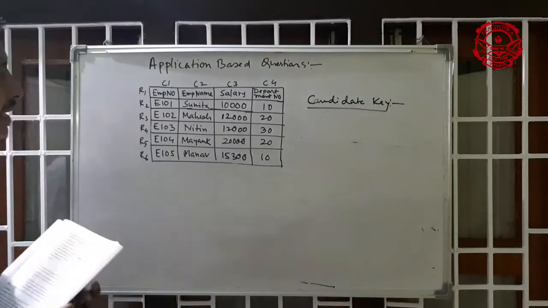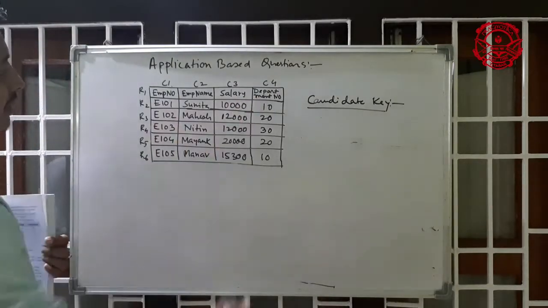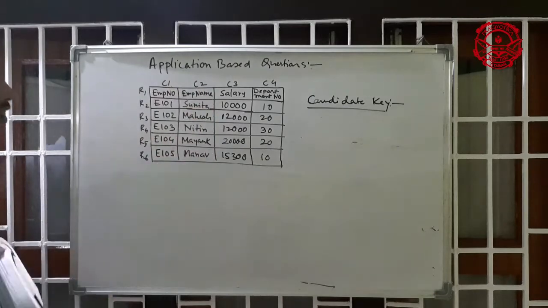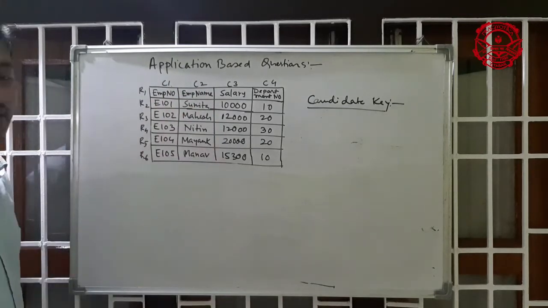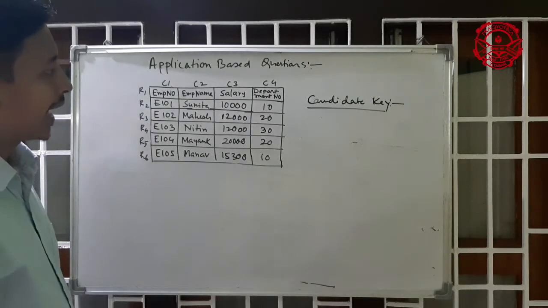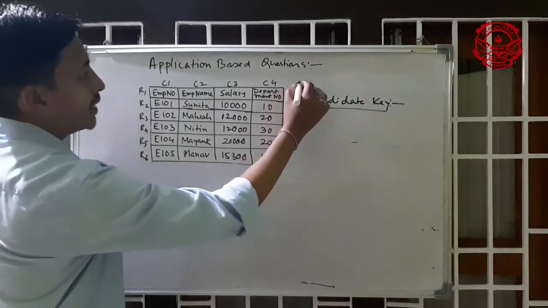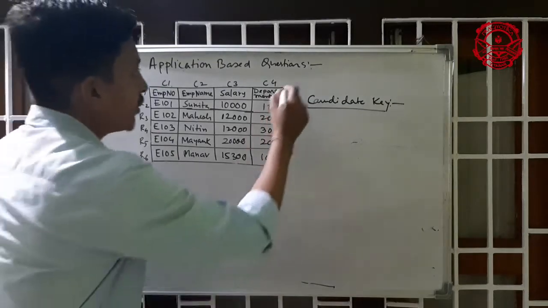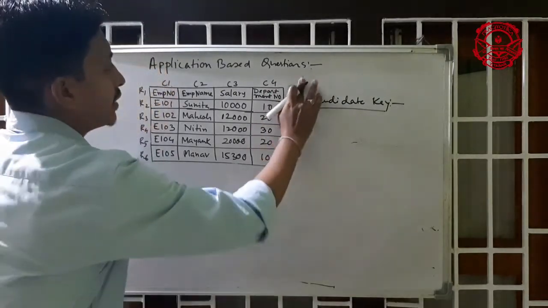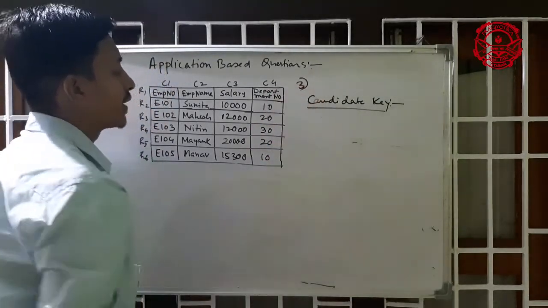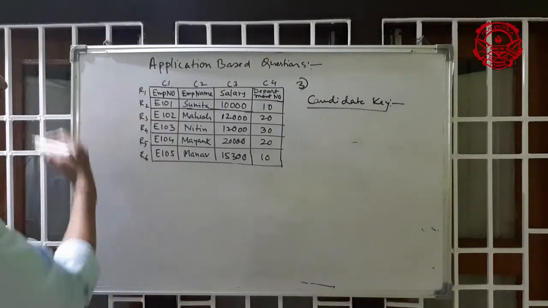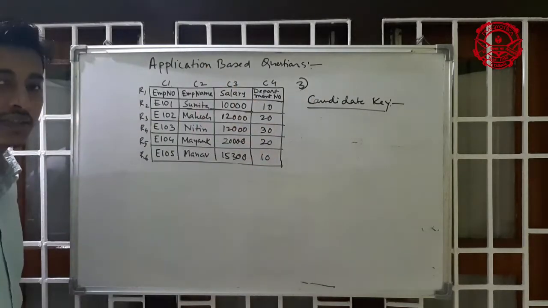Now you can see here in this table which fields are candidate keys, or which fields we can take as a primary key. I think it is the number 3 question. The answer is, I think, EMP number and department number.